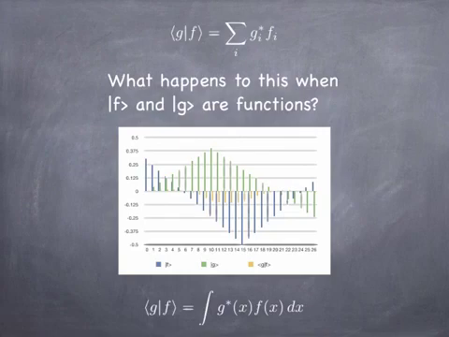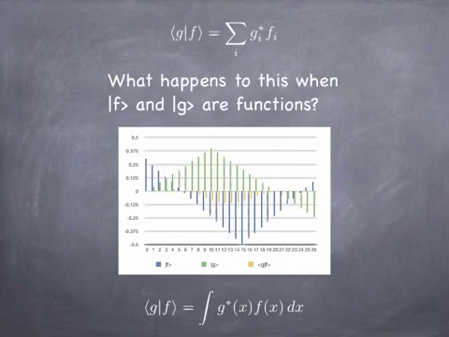So the inner product for vectors in a functional vector space, a vector space of functions, the natural analog of the inner product from the discrete vector space is the integral of g star f, which is exactly what we've been using. So that's how you might think about the meaning of the inner product for functions as elements of a vector space.